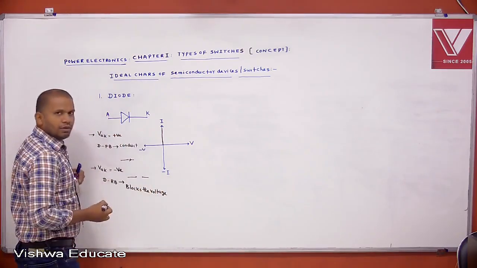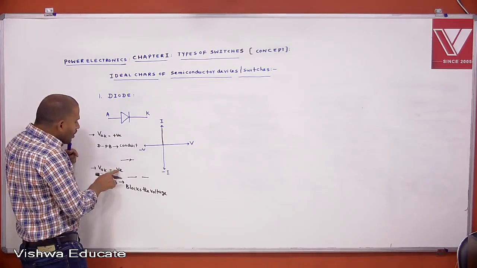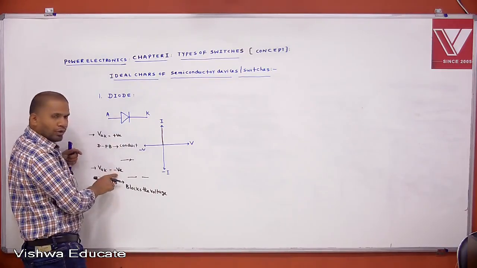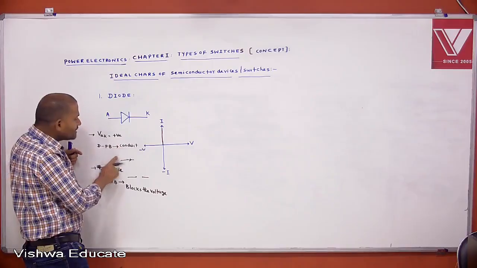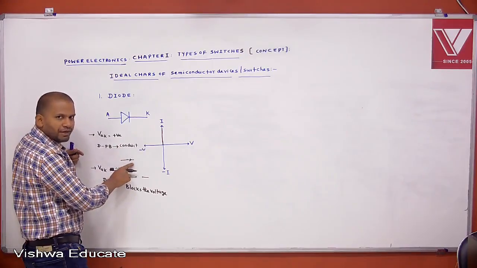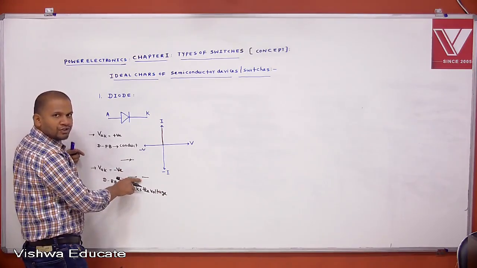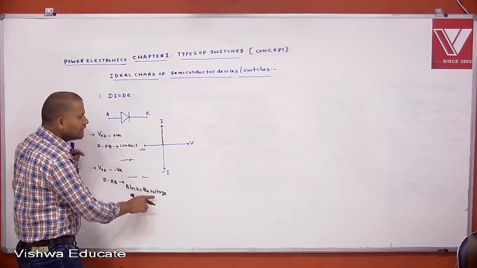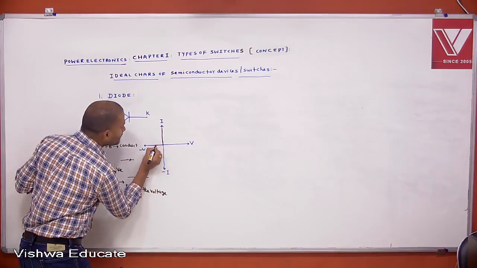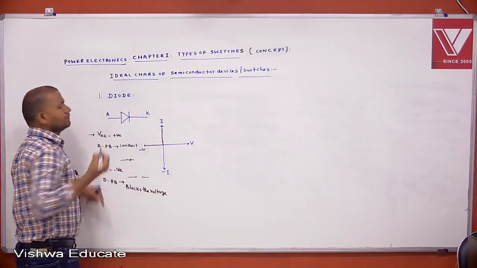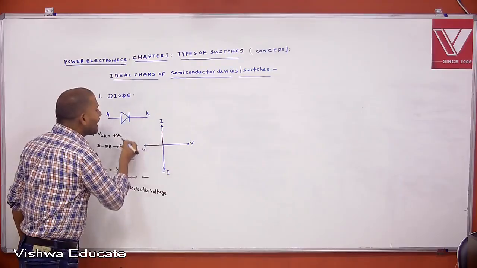That's why the diode's blocking depends on polarity. For positive voltage, it acts as a closed switch and cannot block any voltage. For negative voltage, it acts as an open switch, that's why it is blocking the voltage. That's why you can get the characteristics like this. This is the ideal characteristics of a diode.